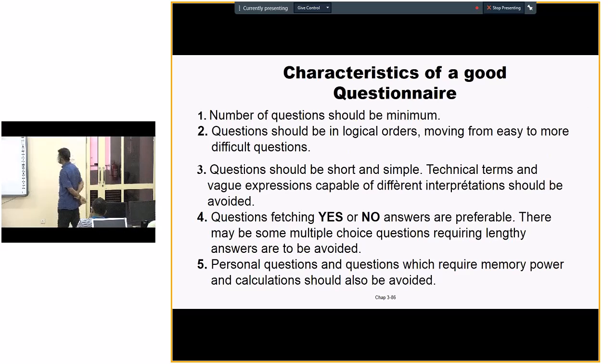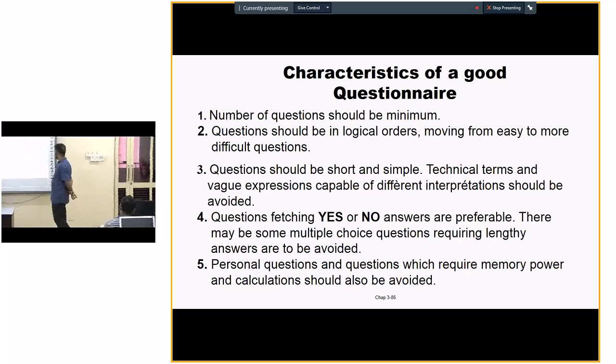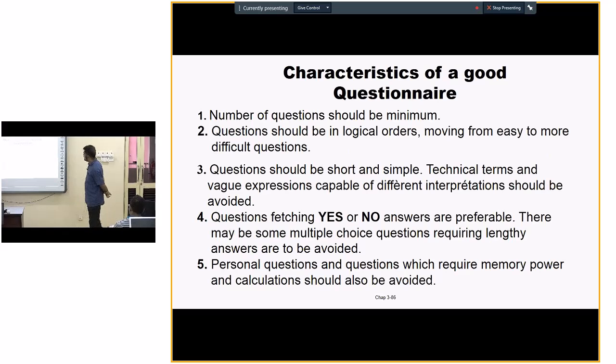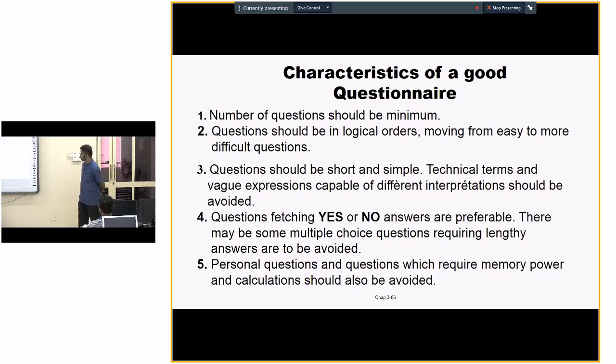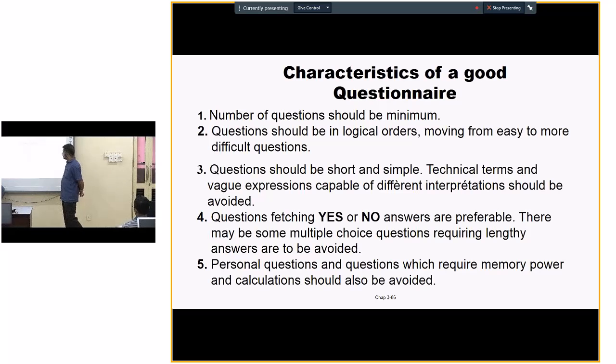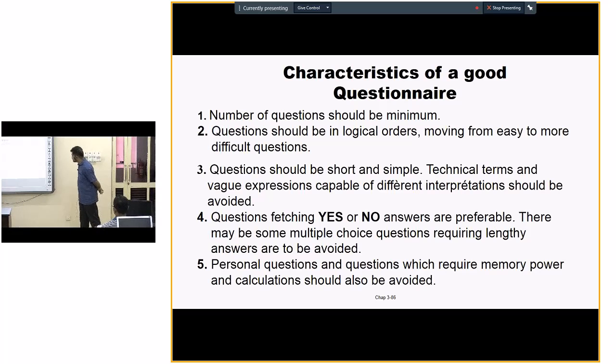Questions fetching yes/no answers are preferable. There may be all yes/no answers or multiple choice questions, MCQs. Personal questions and questions which require memory power and calculation should also be avoided, right?